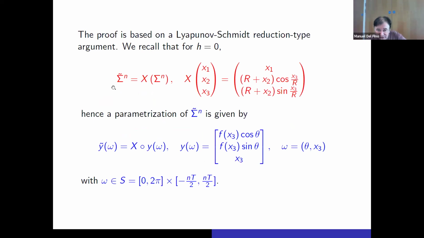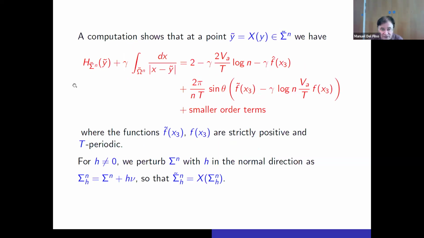Let me remind you of these cylindrical coordinates in which we can express the sigma, and then we have the corresponding parametrization for the Delaunay surface given by this, and it turns out that we will have the mean curvature of this surface sigma n tilde plus gamma times the Coulombian operator at omega tilde n.